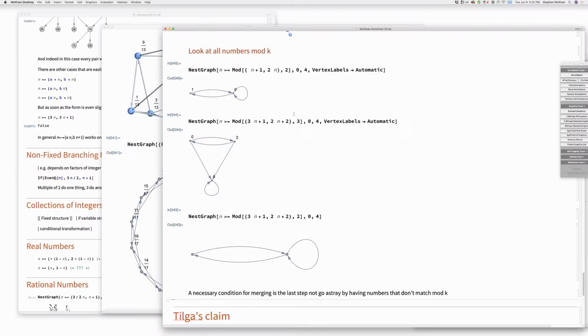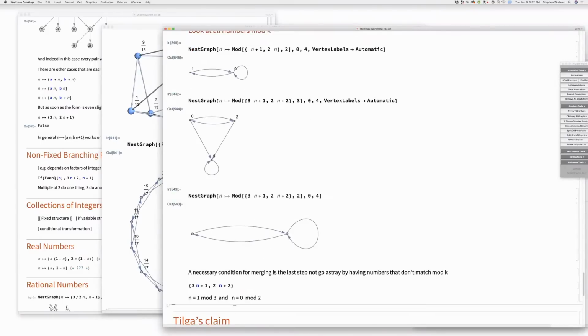You're saying, in this 3n plus 1, 2n plus 2 case, that there exists an n such that n is equal to 1 mod 3 and n is equal to 0 mod 2. We have a nice function that determines, what is that function? Is that the Chinese remainder function that determines what value of n will satisfy those conditions, right?